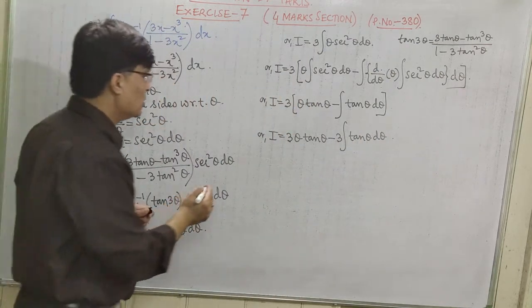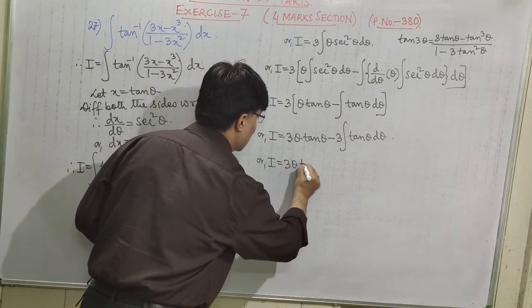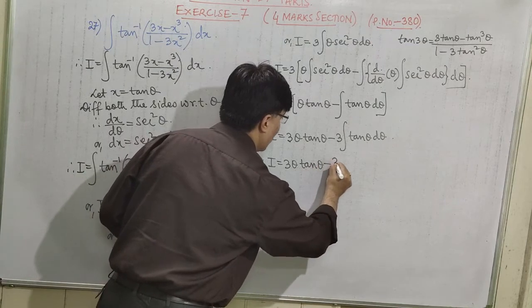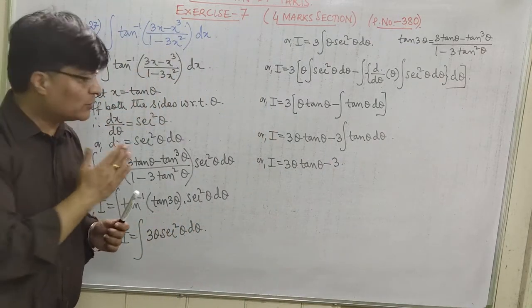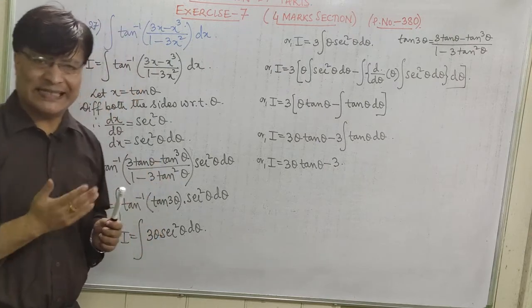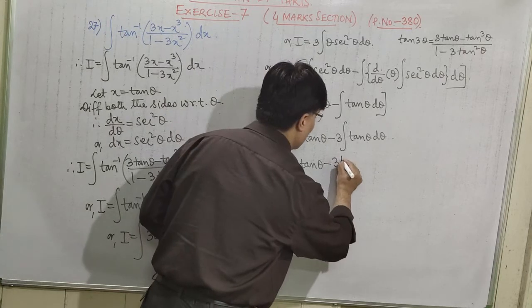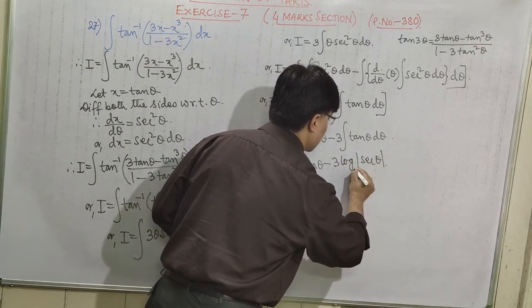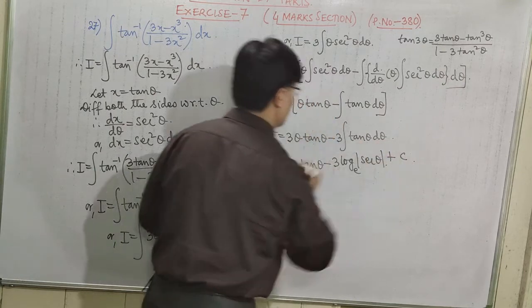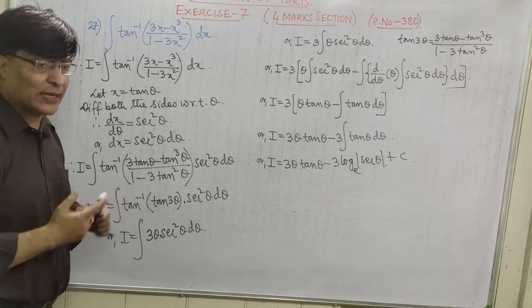Now I is equal to 3 theta tan theta minus 3 into, what is integration of tan theta? You have done this integration of tan theta d theta in the method of substitution. So what is the formula? Minus 3 log within mod sec theta mod sign closed, the base is e, plus c.